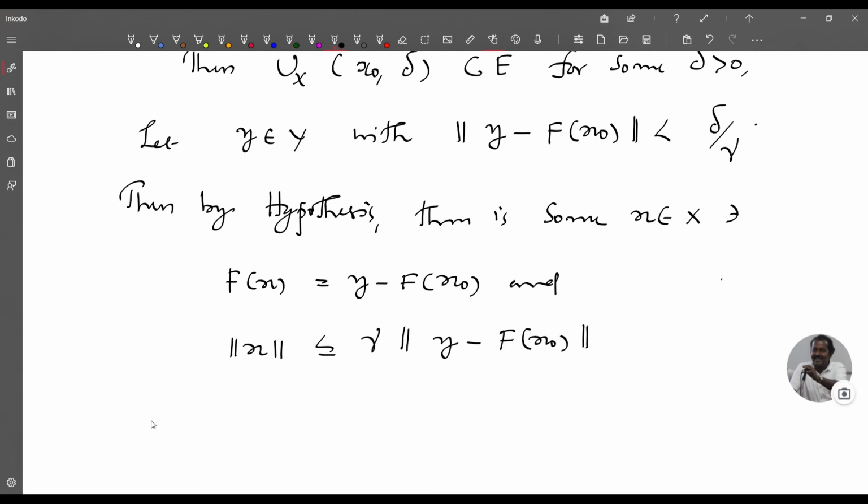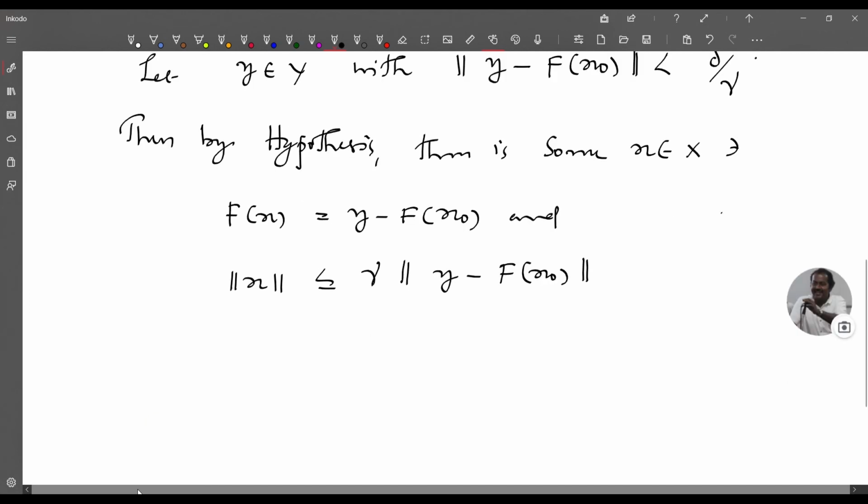Since y belongs to Y and f of x naught belongs to Y, y minus f of x naught is an element in Y. Since for every y in Y, there is some x in X with f of x equal to y and norm x less than or equal to gamma times norm y for some fixed gamma greater than 0, we can apply the result for y minus f of x naught. So, since y minus f of x naught belongs to Y, there exists an x satisfying this condition.